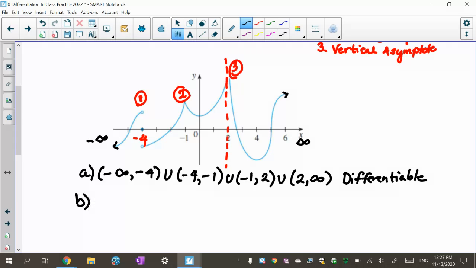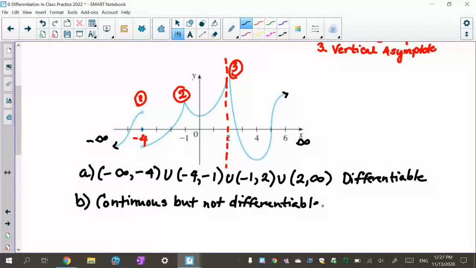The B part, which you can't see, which is above, says where is it continuous but not differentiable, which means you don't pick up your pencil, but there is no derivative there. And as I go through here, I picked up my pencil here and I come up here, I pick up my pencil there.